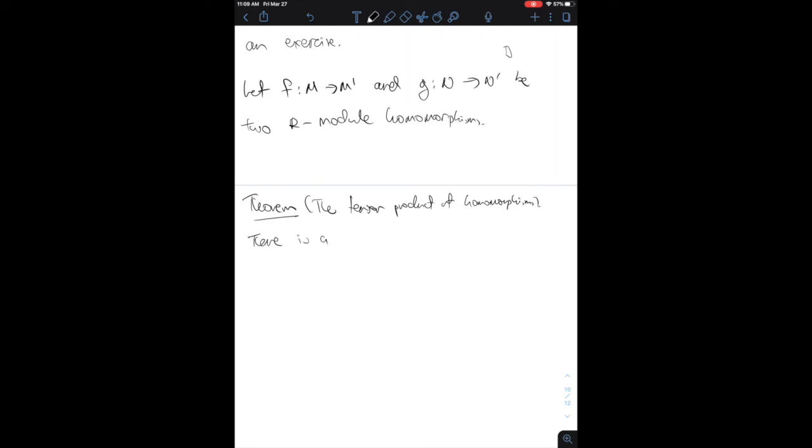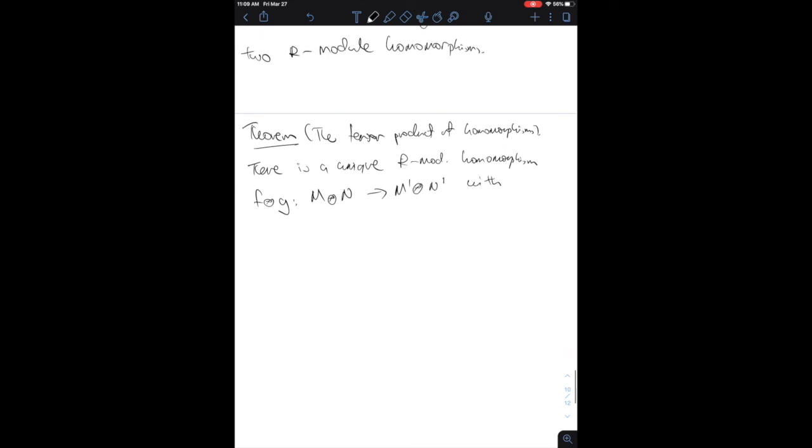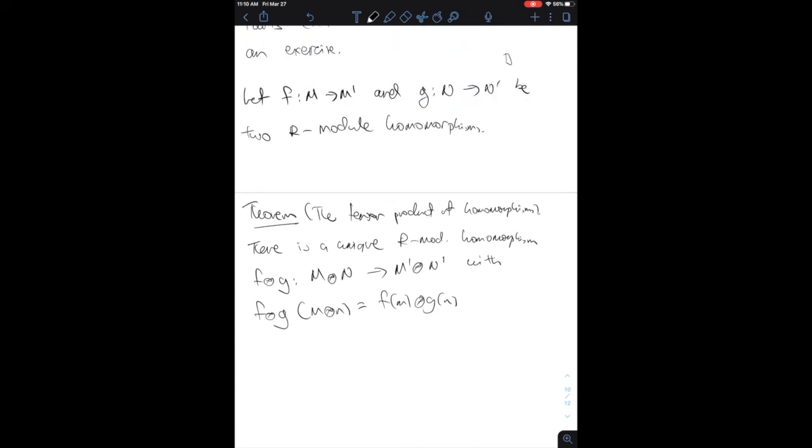Okay, so theorem: there is a unique R-module homomorphism f tensor g from M tensor N to M' tensor N' with the property that (f tensor g)(m tensor n) equals f(m) tensor g(n).